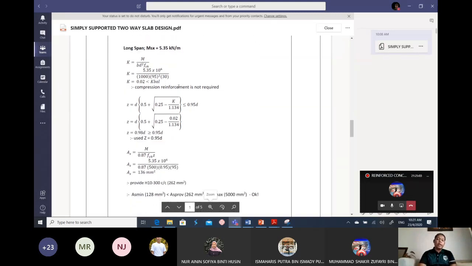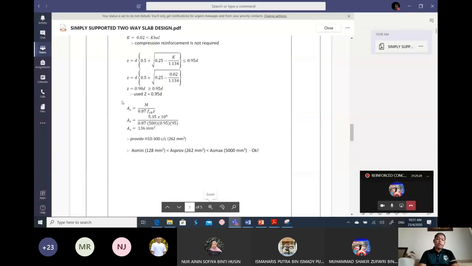So we check here. Again, I repeat, when we are designing a slab, please make sure the compression reinforcement is not required and it is not doubly reinforced. Normally a slab is only singly reinforced, and the compression reinforcement is not required. So we are only designing the tension reinforcement. For the long span, the AS required here is 136 millimeter squared.